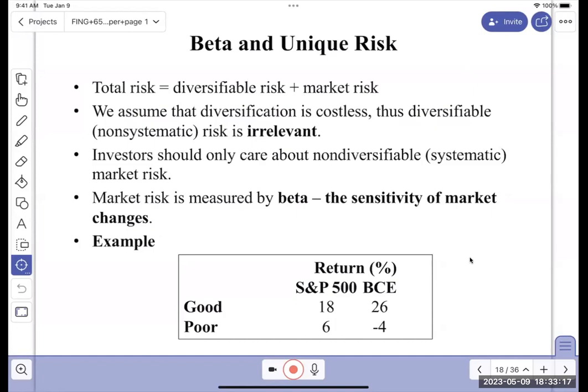So this data here should remind you of the data set that we were looking at when I introduced statistics, the statistics review. And here you have information on a broad index that is intended to reflect the performance of the economy by using the combined returns in an index of 500 top performing stocks.